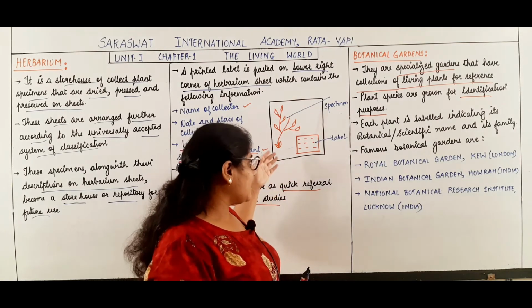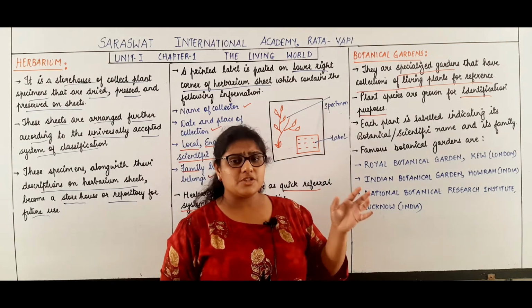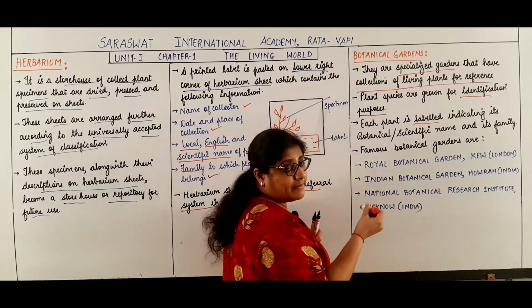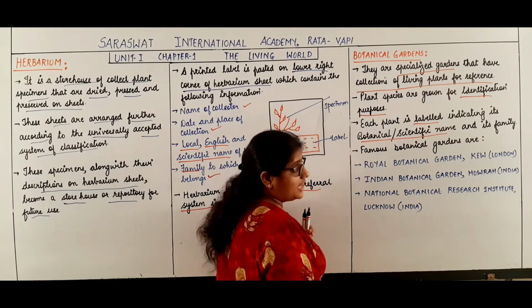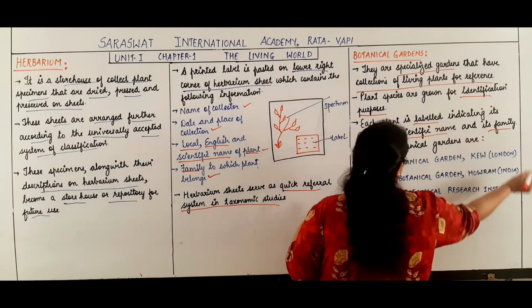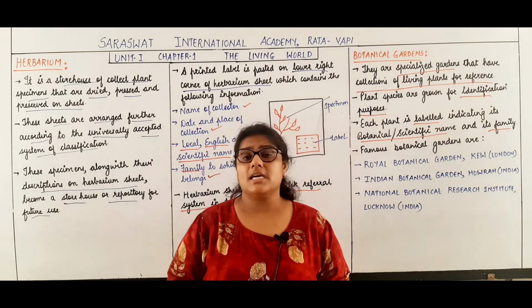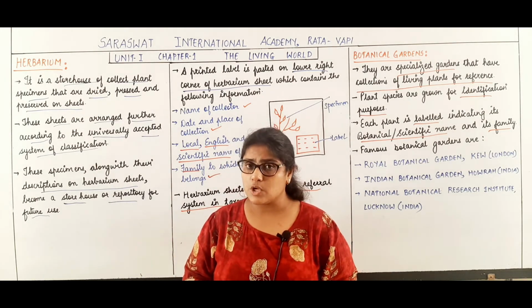Now, like a label is there on the herbarium sheet, similarly each plant here is also labeled. And what does the label consist of? The botanical, or scientific name of the plant, as well as its family. In certain cases, the uses of the plants are also mentioned and some system of classification is also mentioned.